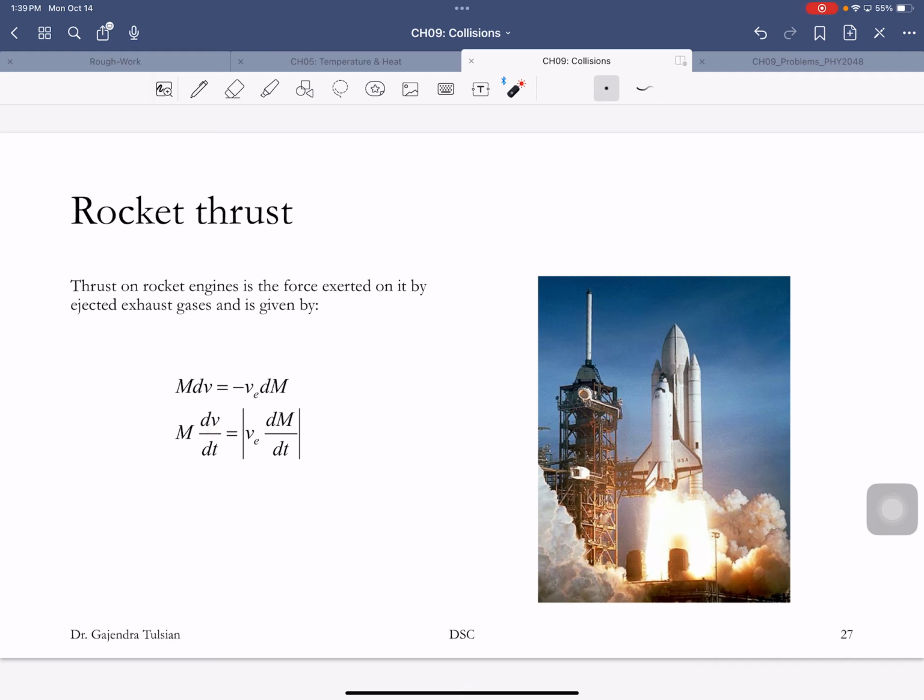That's the upward force that the rocket is exerting. The magnitude of the thrust is the absolute value of the exhaust velocity times dm by dt. What is dm by dt? Mass changing over time. Yeah, mass of what?